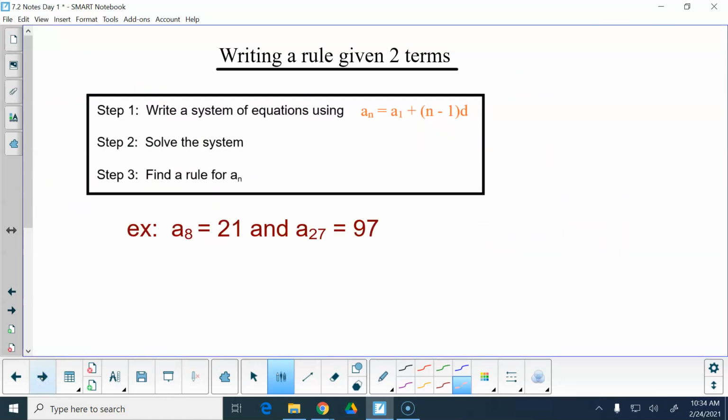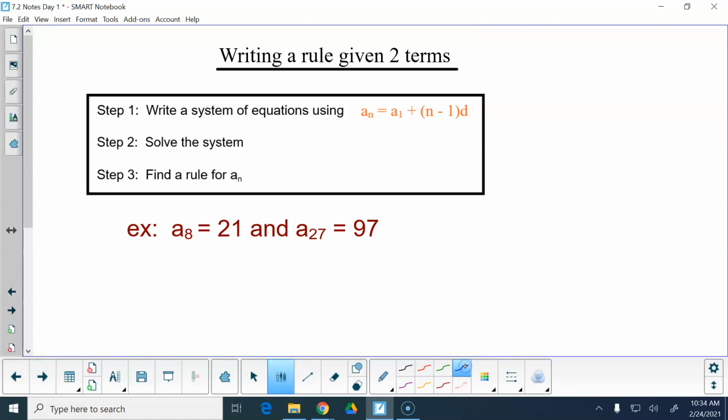One last style of problems, and that is when you're given two terms. So if you're given two terms somewhere along the way in the sequence, what you have to do is write a system of equations using each term.